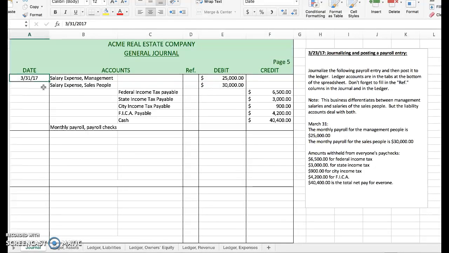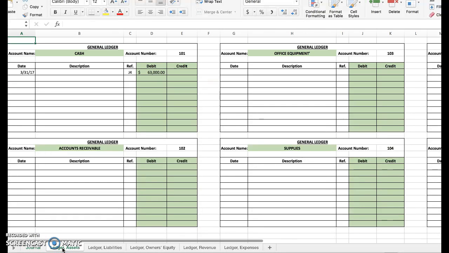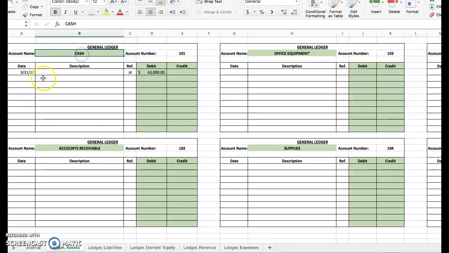So if we leave this journal for just a moment, look at the bottom of the page. As we had in previous problems, there are tabs, and this particular tab has the journal. The next one has the assets, and we see assets there. We see cash, and at the end of March of 2017, there's a debit balance of $63,000.